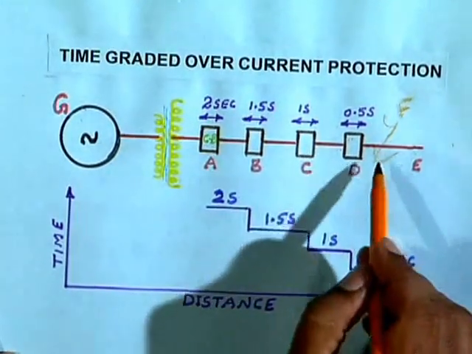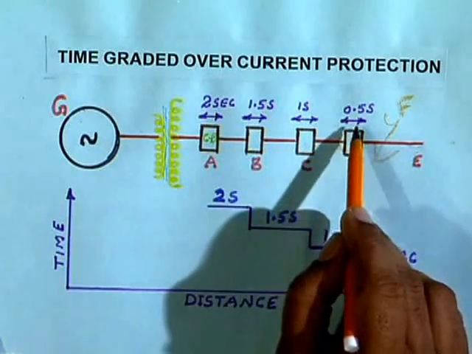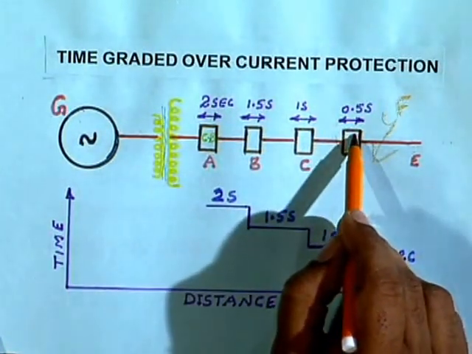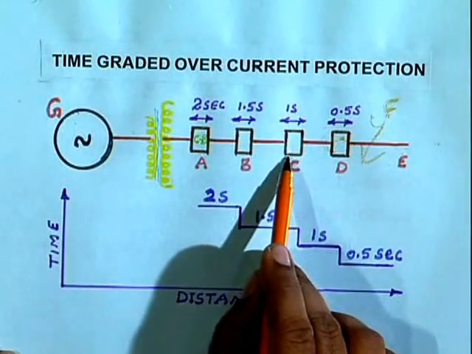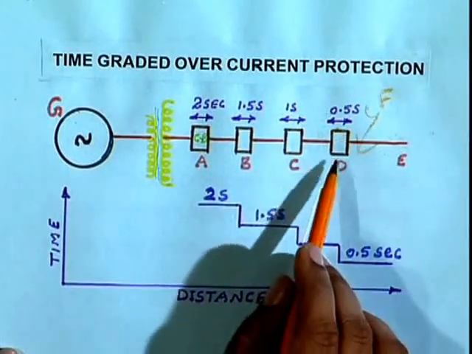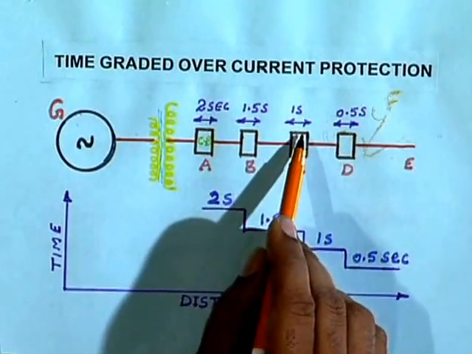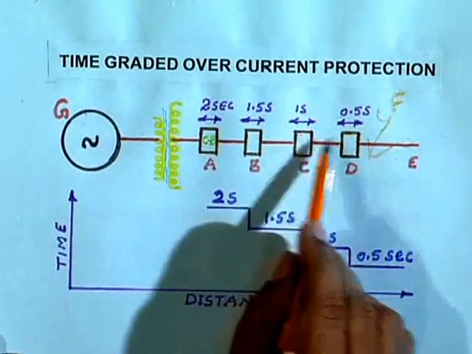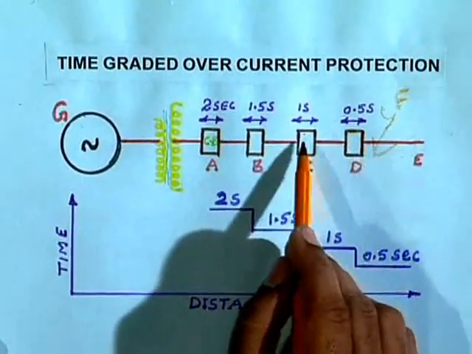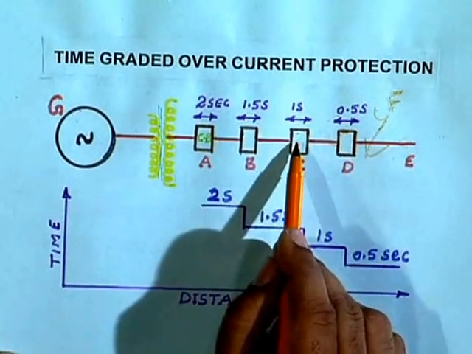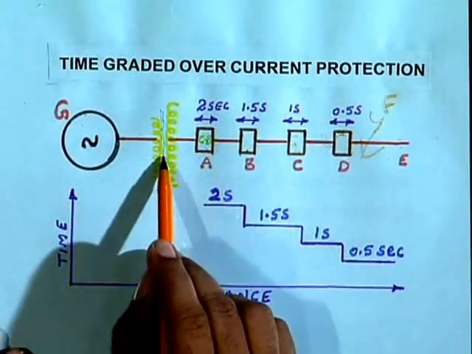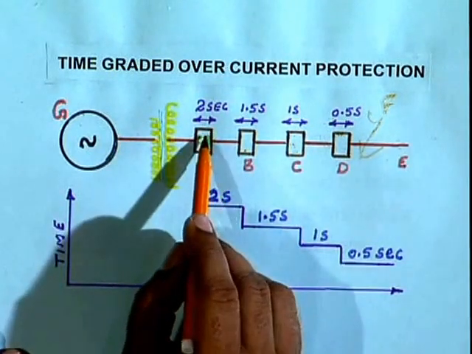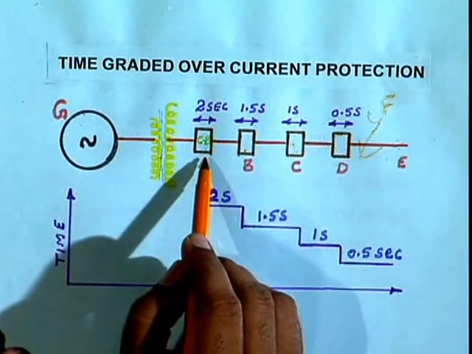Suppose relay D fails to operate, then after 1 second relay C will operate. The time duration from D to C is another 0.5 second, that means 1 second. If C fails, B operates; if B fails, A operates before the transformer, that means after 2 seconds relay A will operate.